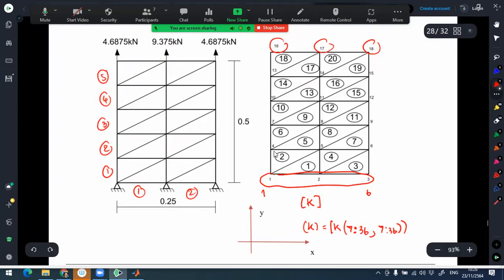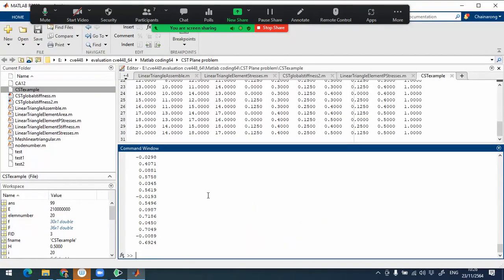And we should have the displacement from node number 4 to the last one, that is node number 18, right? We will focus on the displacement in y direction. Okay, this is the displacement in y direction, right?